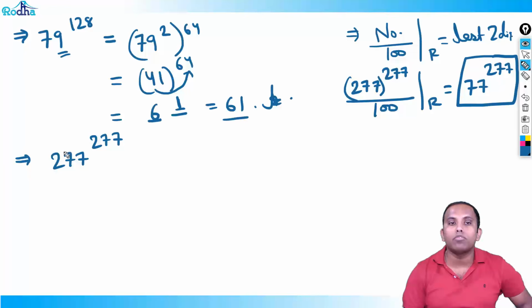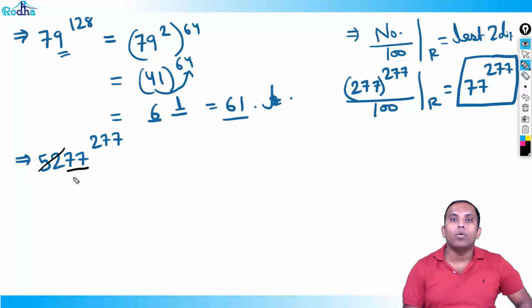It doesn't matter what is before it. I can add one more 5 here, it is 5277. It doesn't matter. If it is 5277, I can simply strike out this 52. Only the last two are our concern. Why? Because once we divide by 100, what is the remainder?